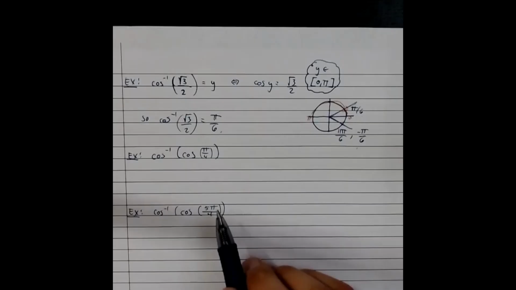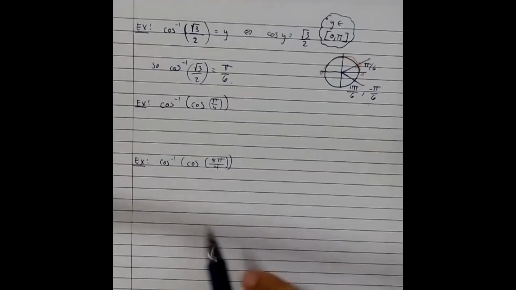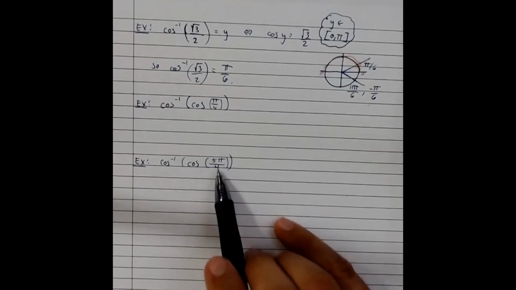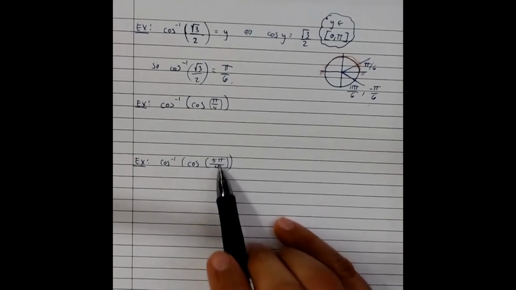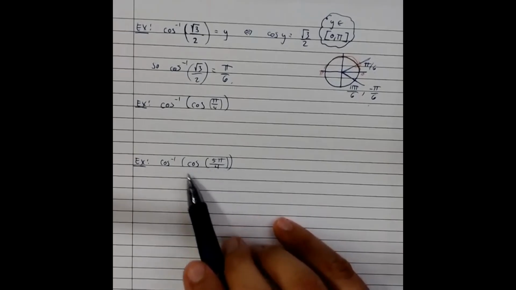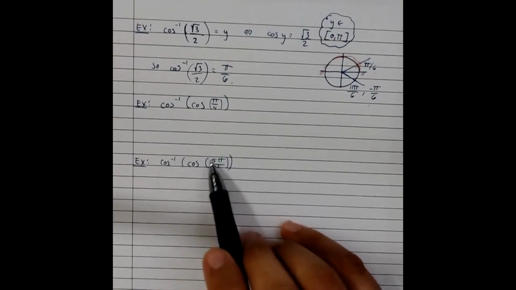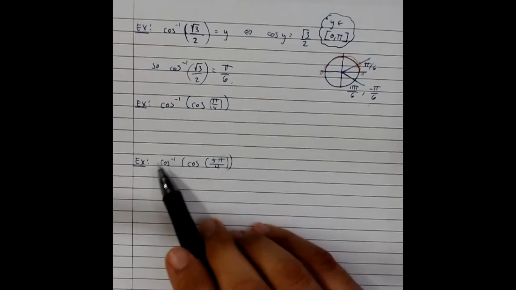Well, that doesn't quite work that way. That would work if 5 pi over 4 was in the domain of the cosine, and then the result was in the domain of the inverse cosine, and then 5 pi over 4 was in the range of the inverse cosine.